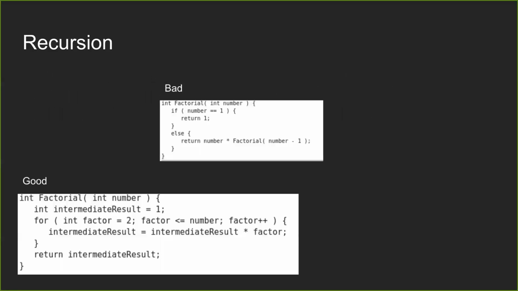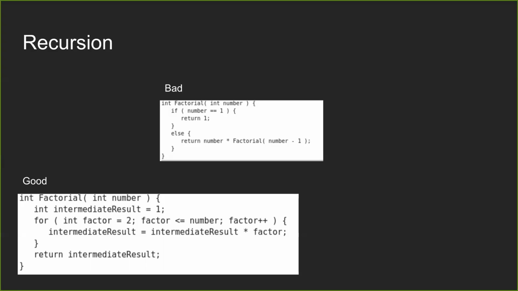Now we'll talk about some examples. Here's factorial in maths. When we calculate a factorial, the definition is almost always recursive, but it's not a good way to calculate it recursively in practice, because the iterative version is much more readable, and even more performant depending on the programming language you use.